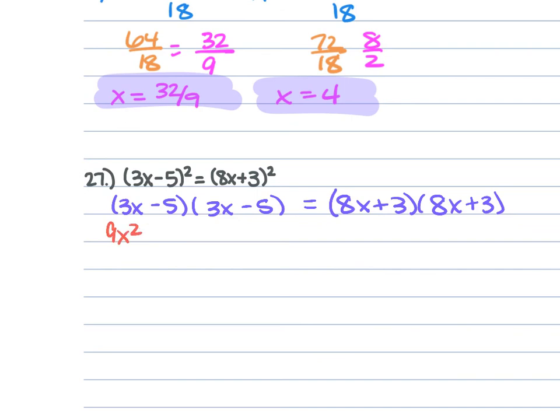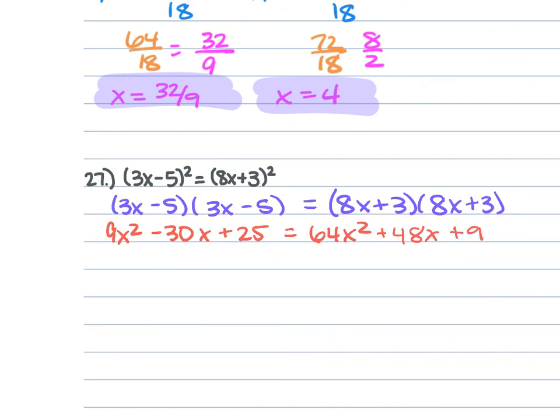The 3x times negative 5 is negative 15 times 2 is negative 30x. And then negative 5 times negative 5 is a positive 25. For the other side, the 8x times 8x is 64x squared. Then the 8 times 3 is 24 times 2 is 48x. And 3 times 3 is 9.